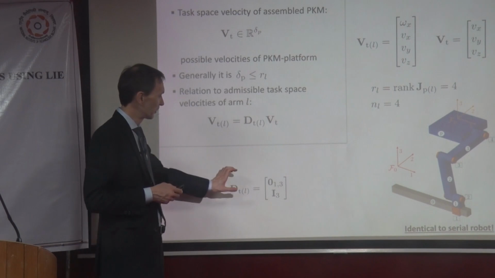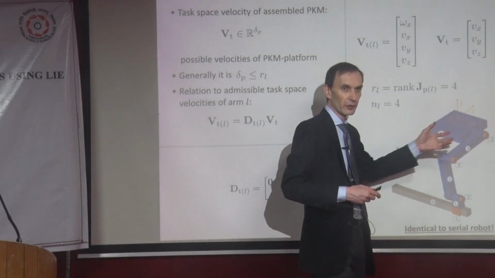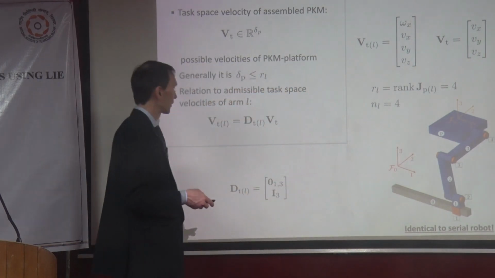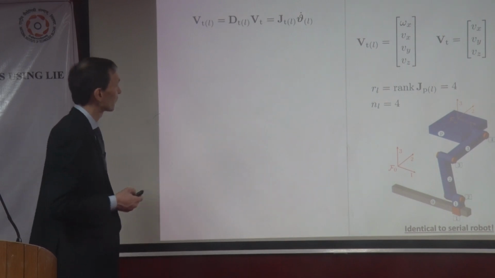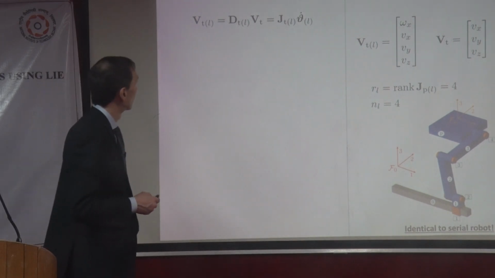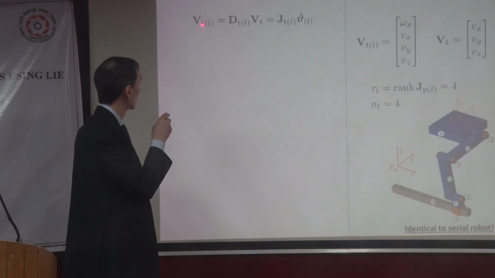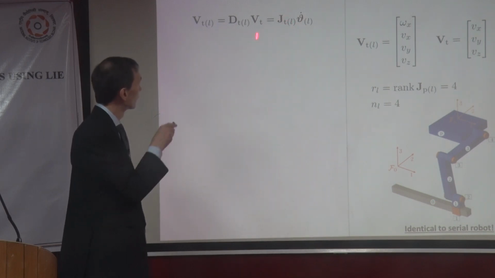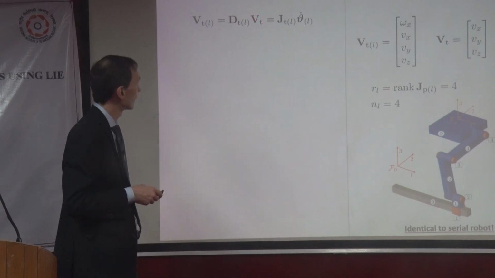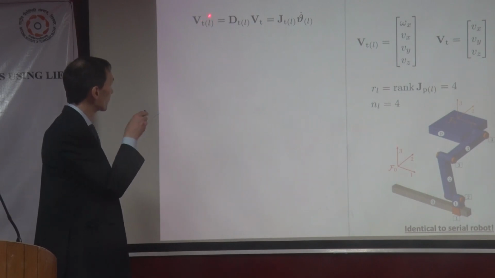So we kind of implicitly impose the constraint that the platform cannot rotate, and we relate the task space velocity of the platform to the task space velocity of the disconnected limb. Yeah, and then we're almost there, because now we can use the task space Jacobian of the limb L to express the task space velocity.